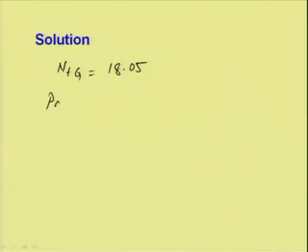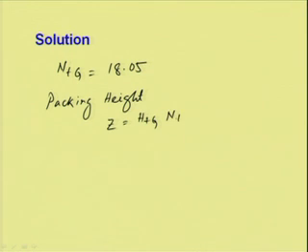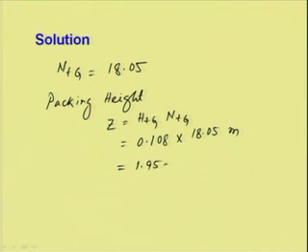The packing height Z is equal to HTG into NTG, which is equal to 0.108 into 18.05 meters, which comes to about 1.95 meters.